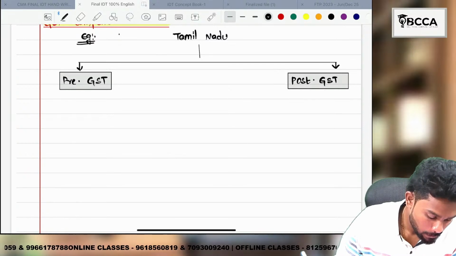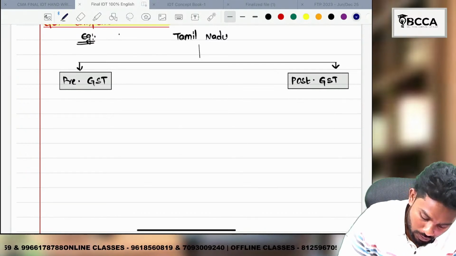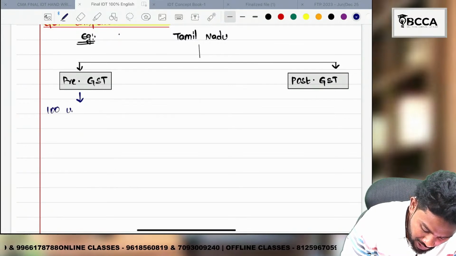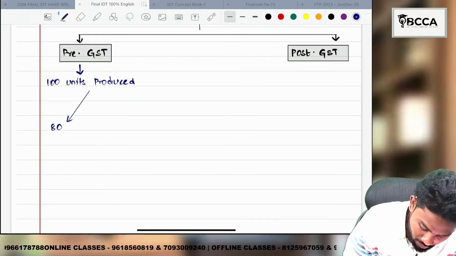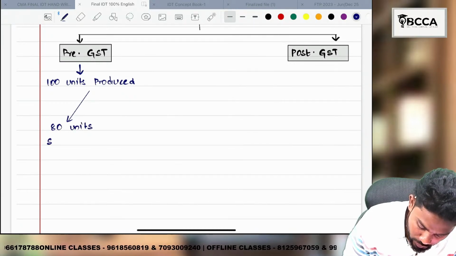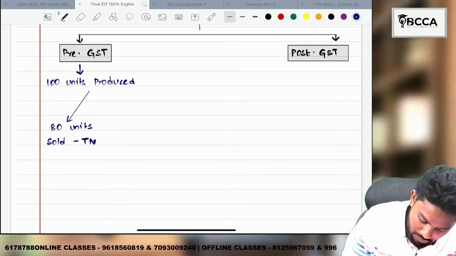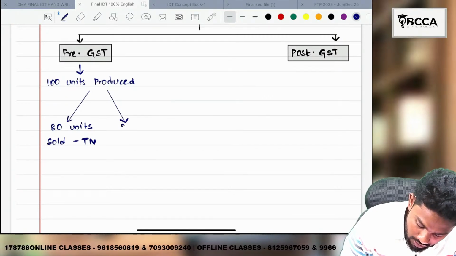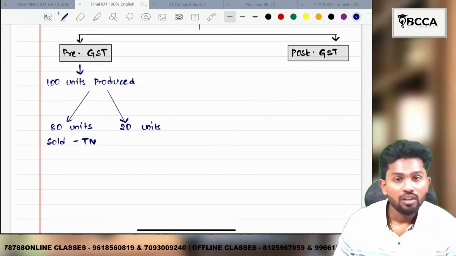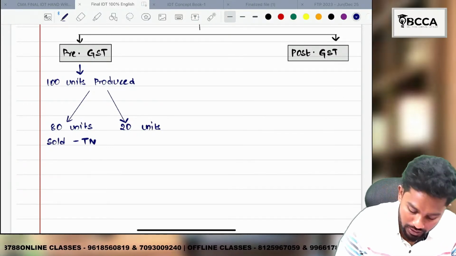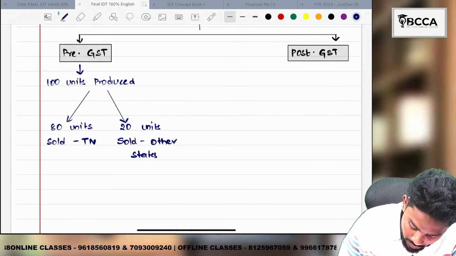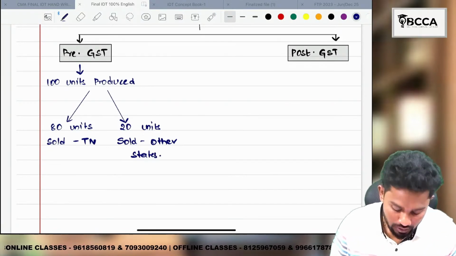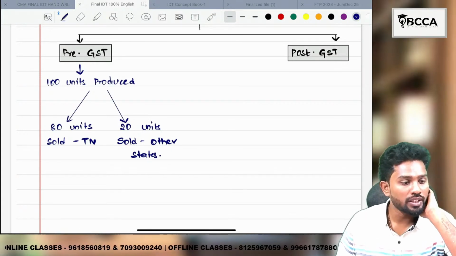So assume pre-GST, 100 units produced. Out of them, 80 units sold within Tamil Nadu, whereas the other 20 units sold in other states.